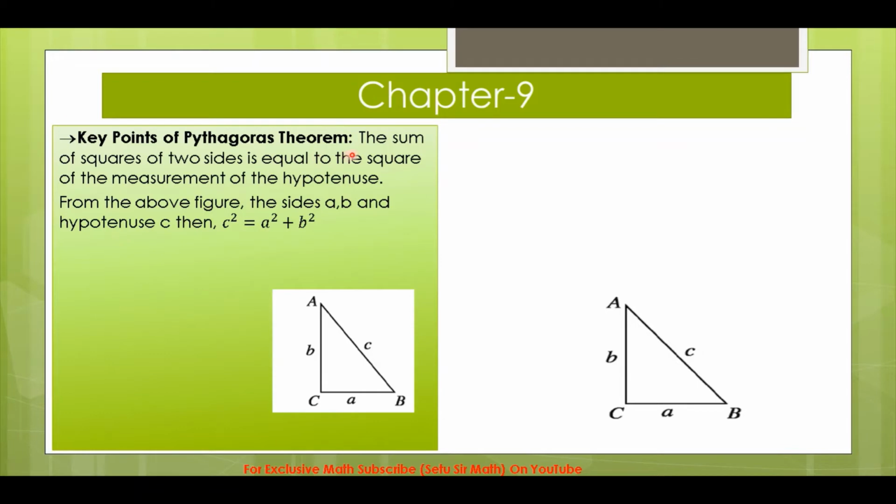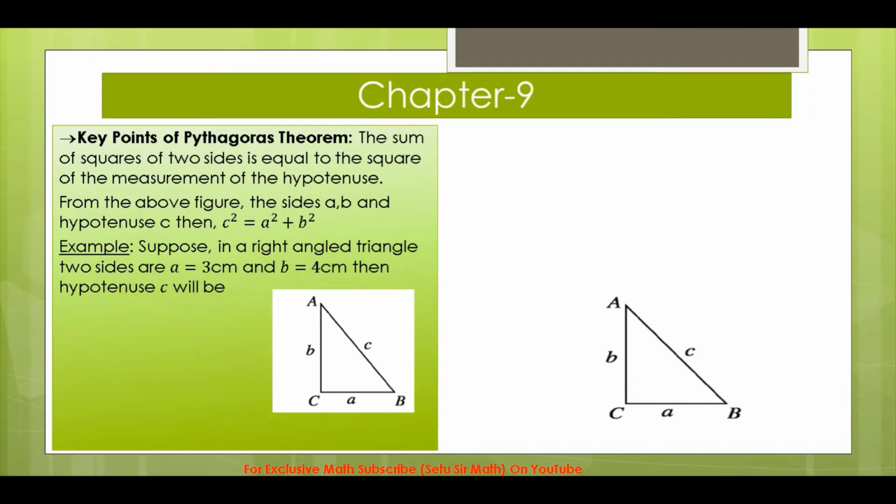From this language we get the sum of squares of two sides. The sum of squares of two sides, that means a square plus b square, is equal to the square of the measurement of the hypotenuse, that is c square.